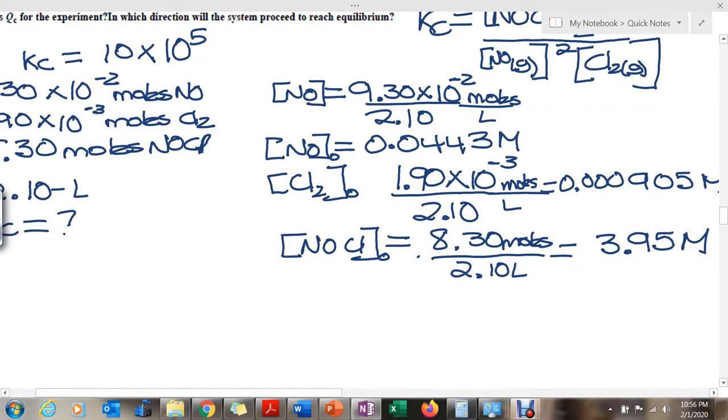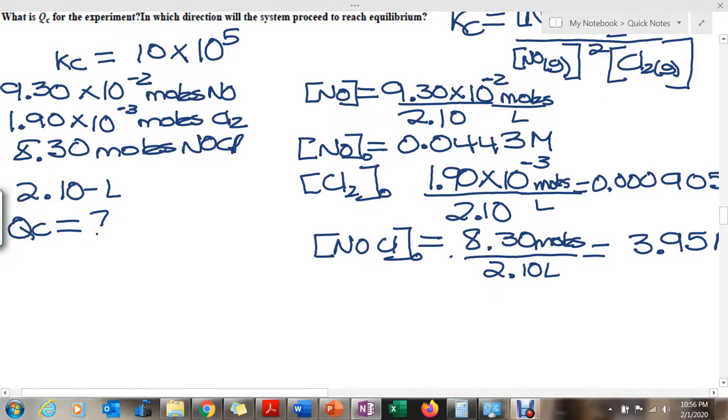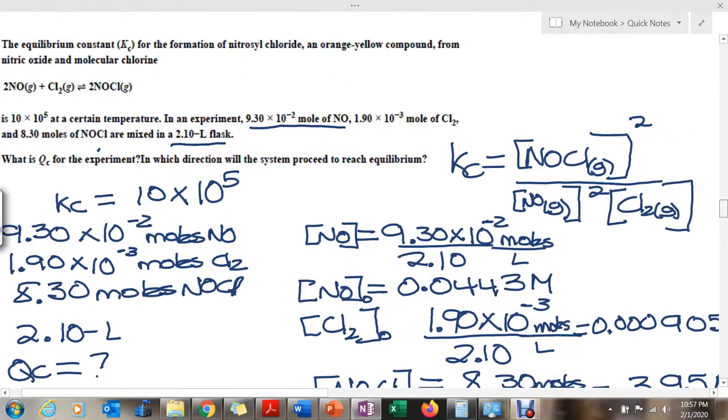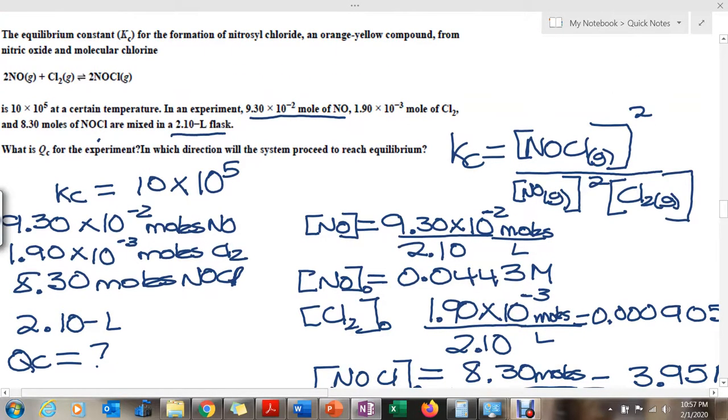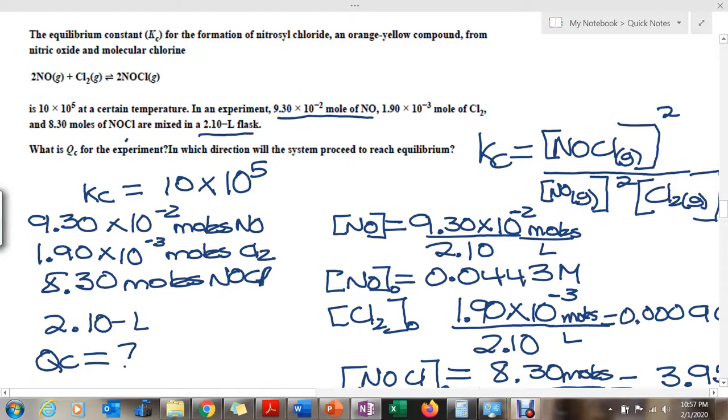So the first question is just asking what is the Q and how do you do the Q? You do the same thing as the equilibrium expression. Instead of using Kc, you're going to do Qc.